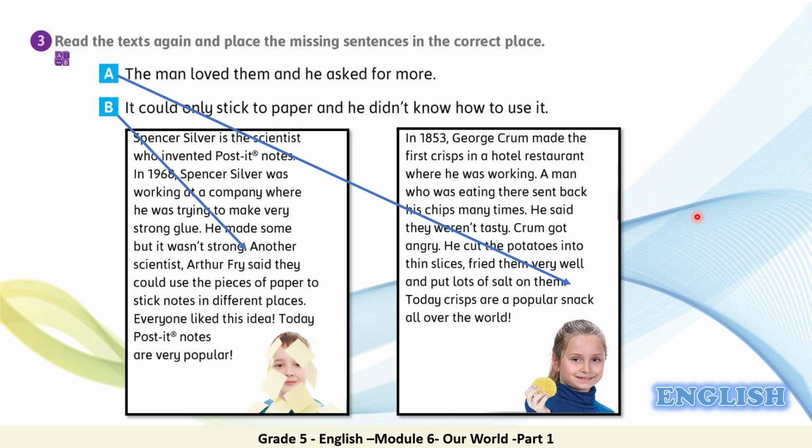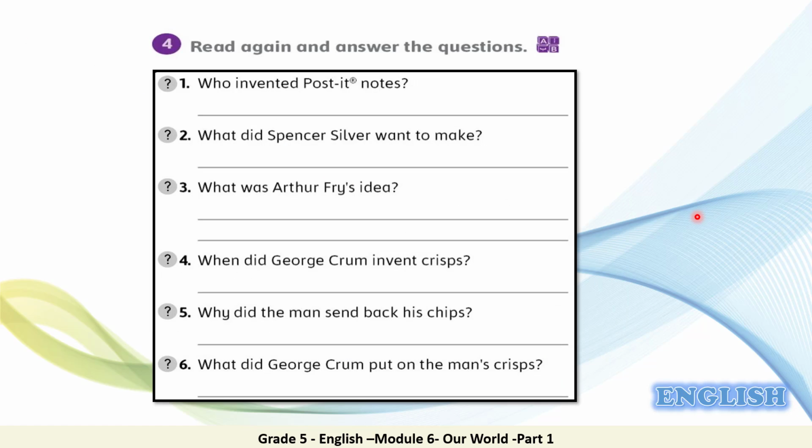Let's dig into the comprehension questions. Read again and answer the questions. Here are the 6 WH questions. We're going to find their answers in the text. 1. Who invented post-it notes? 2. What did Spencer Silver want to make? 3. What was Arthur Fry's idea? 4.